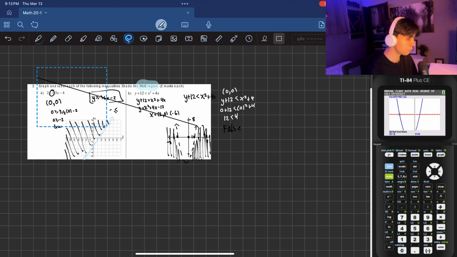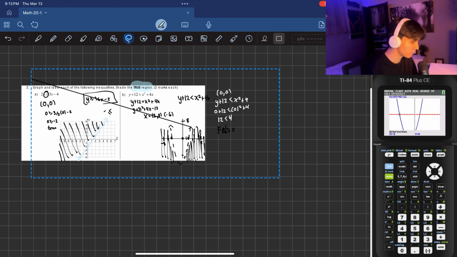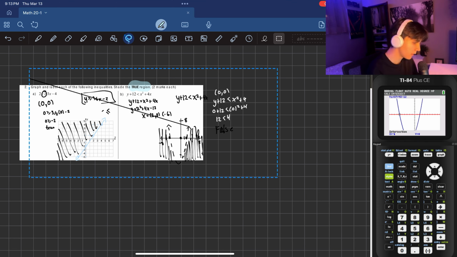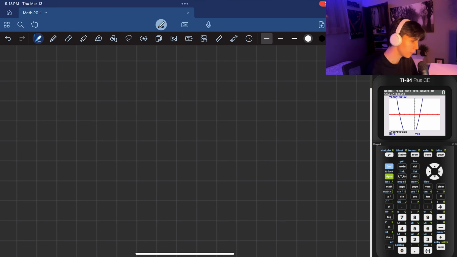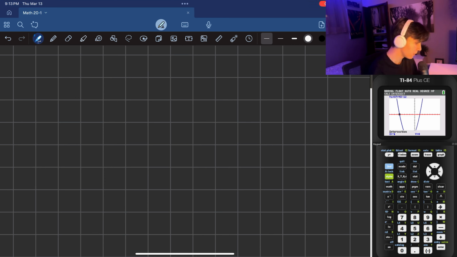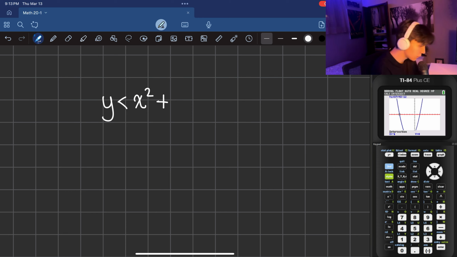So there's one more thing I want you guys to know. You can actually graph these inequalities built into your calculator. What I mean by that is the last equation we got was y is less than x squared plus 4x minus 12.